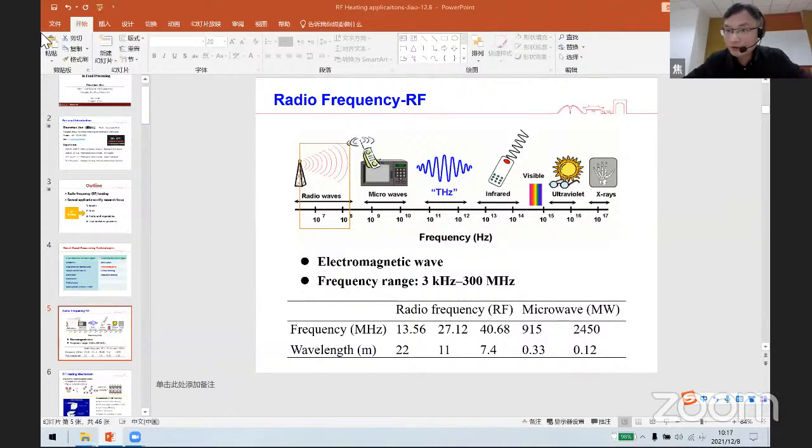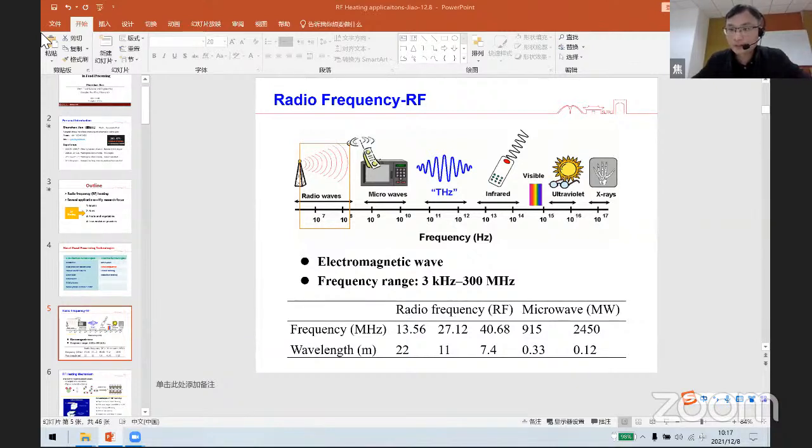It has the high moisture content, it has the irregular shape, and also the quality is very sensitive to heat. So if we use the RF heating directly for the drying process, then it may not have very good results.